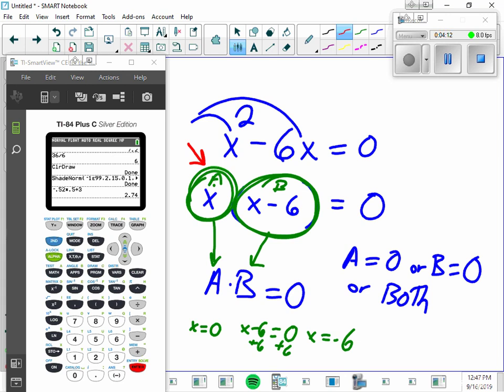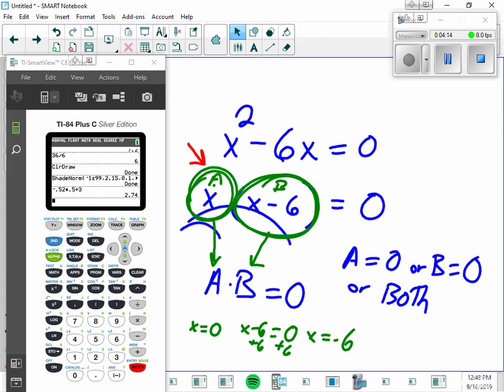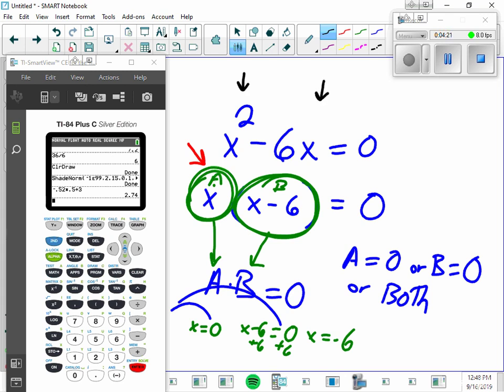Well, what happens when we plug those in? I'm going to plug in 0 here and here. 0 squared is 0, minus 6 times 0 is 0, equals 0. Is that true? Yeah. So x equals 0 is an answer to this equation. What about 6?